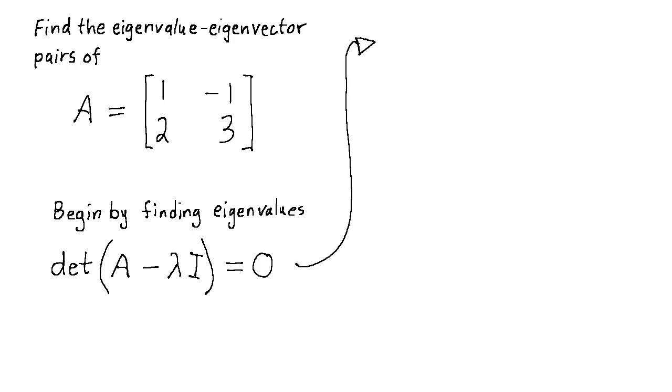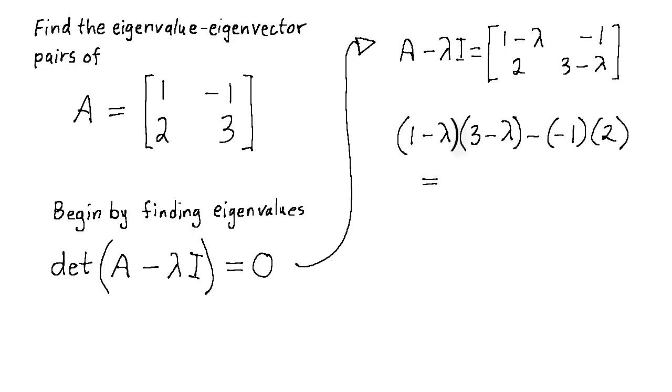In this case, A minus lambda times I gives us this. Applying our formula for a matrix with 2 rows and 2 columns, we find the determinant to be lambda squared minus 4 lambda plus 5. We set this equal to 0 and solve for lambda. In this case, we've already done the work needed to find a solution.